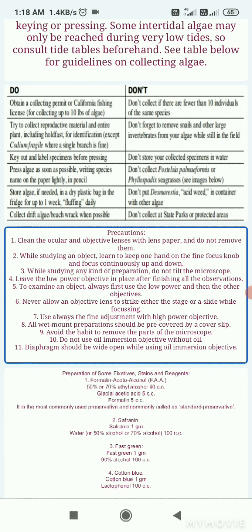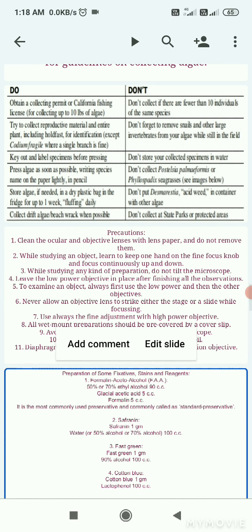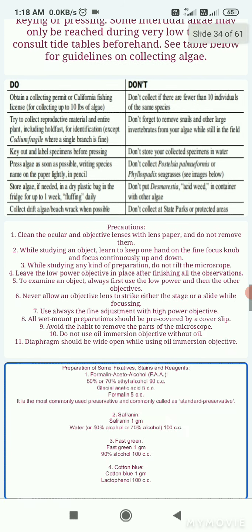Then, while studying any kind of preparation, do not tilt the microscope and leave the low power objective in place, after finishing all the observations.